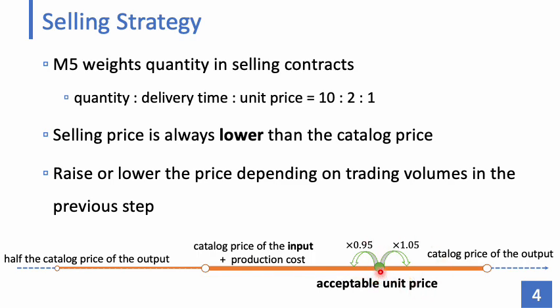If M5 was able to trade in the previous step, M5 increases the selling price. If M5 was not able to trade, M5 decreases the selling price. Normally, M5 sets the price at least this value. Just before the end of the simulation, M5 sets the price at least this value.